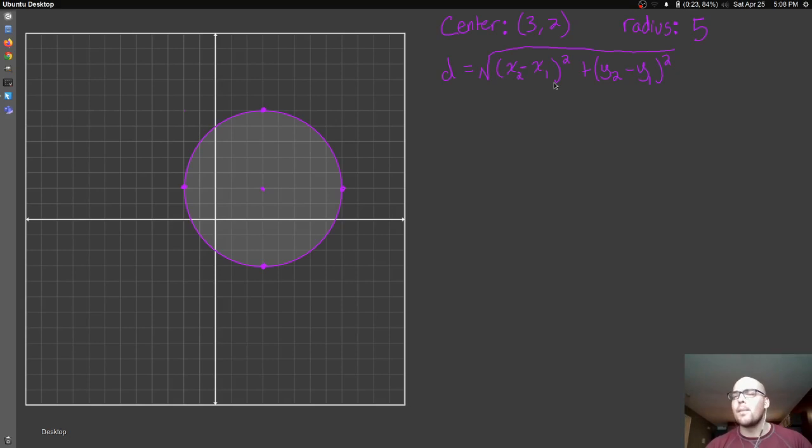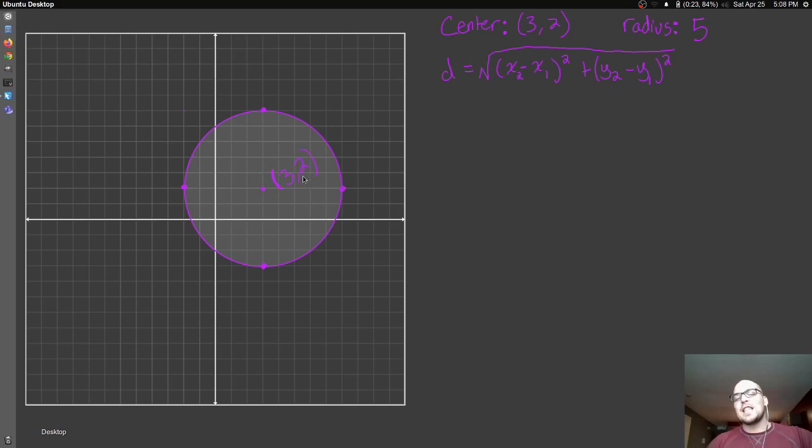Well, I'll show you. Let's substitute what we know into this problem. The thing I definitely know for sure is the center of the circle, which is 3, 2. So that's my first point.